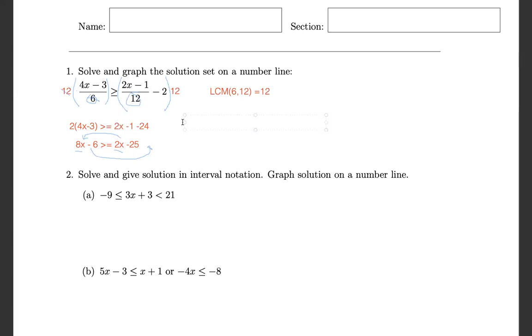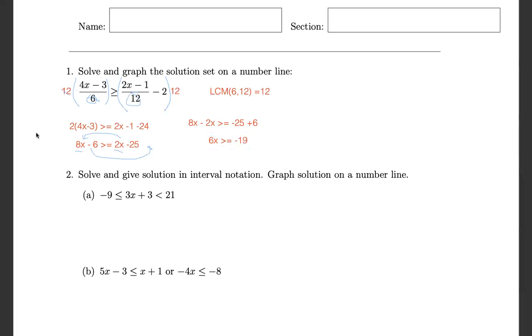So after moving, we have 8x minus 2x greater than or equal to -25 plus 6. 8x minus 2x is 6x, and -25 plus 6 we can think of as negative of 25 minus 6. 25 minus 6 is 19, so we get -19.